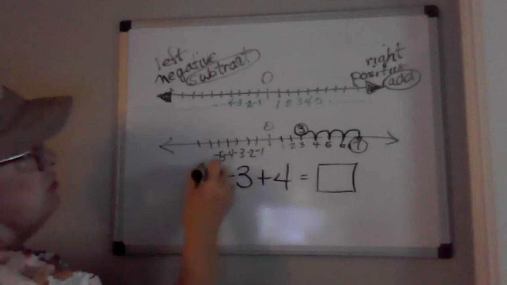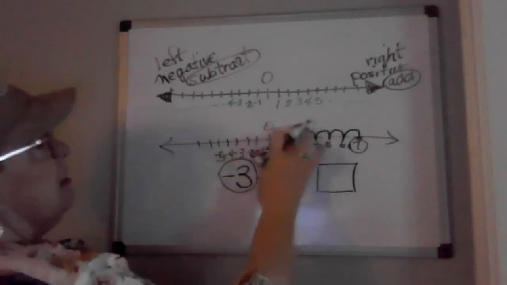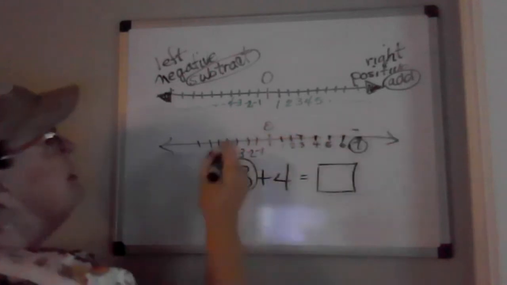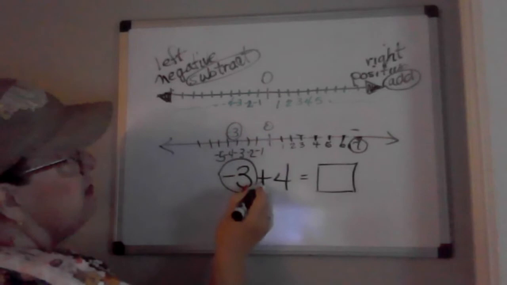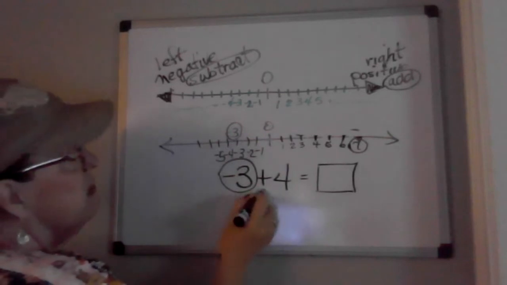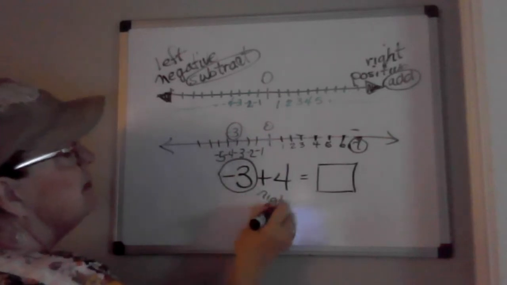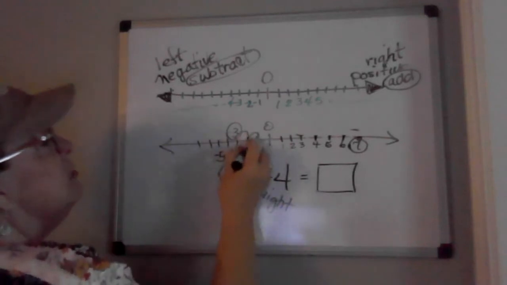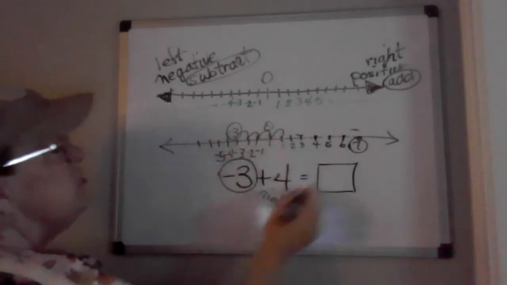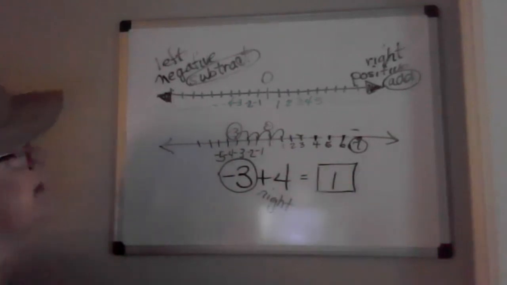Okay, so we start at negative 3. We're going to start right here at negative 3. Plus tells us to go in a positive direction to the right 4 places. 1, 2, 3, 4. So your answer here is a positive 1.